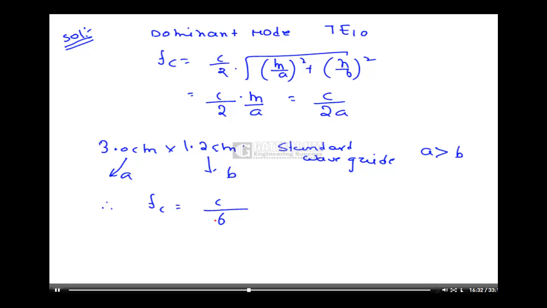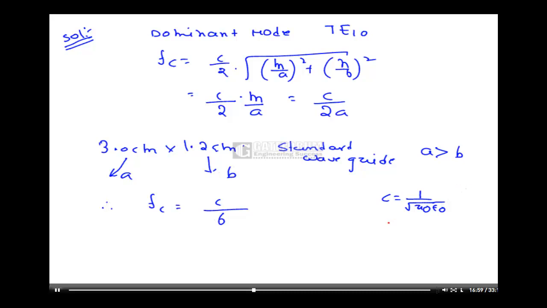Here it is very important. In the given statement it is mentioned that the waveguide is filled with a material of relative permittivity 4. Where c is 1 by the square root of mu naught epsilon naught, that is the free space velocity. But here a material is given. Generally a waveguide is filled with air, but in this problem it is filled with a dielectric material of relative permittivity 4.